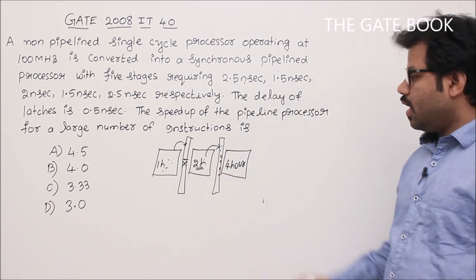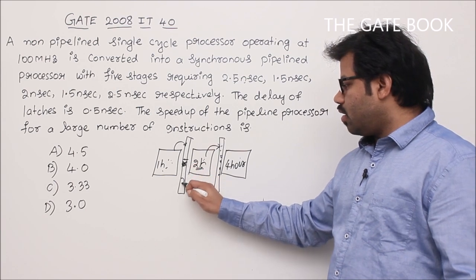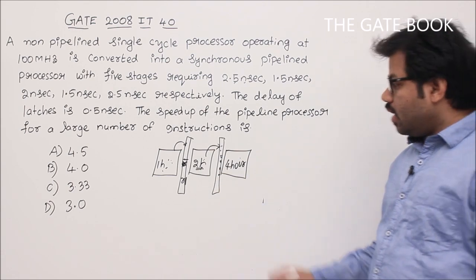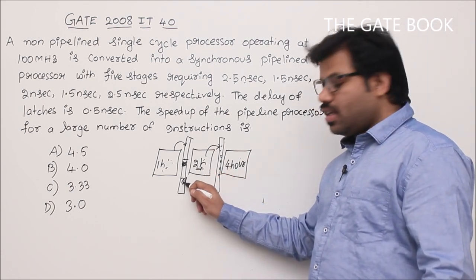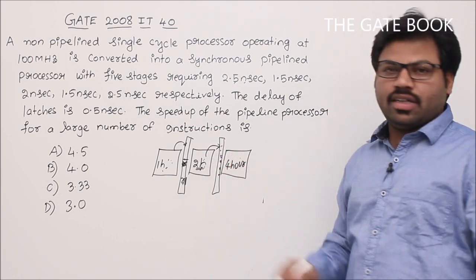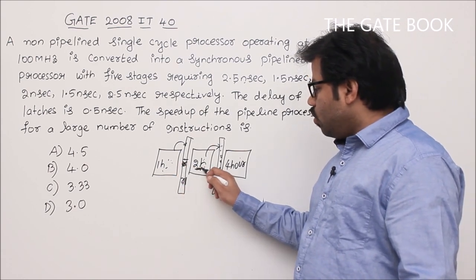Try to understand. In the first hour he will put result 1 here. But the next stage takes 2 hours, so it is not going to take this result because its computation is not done yet.